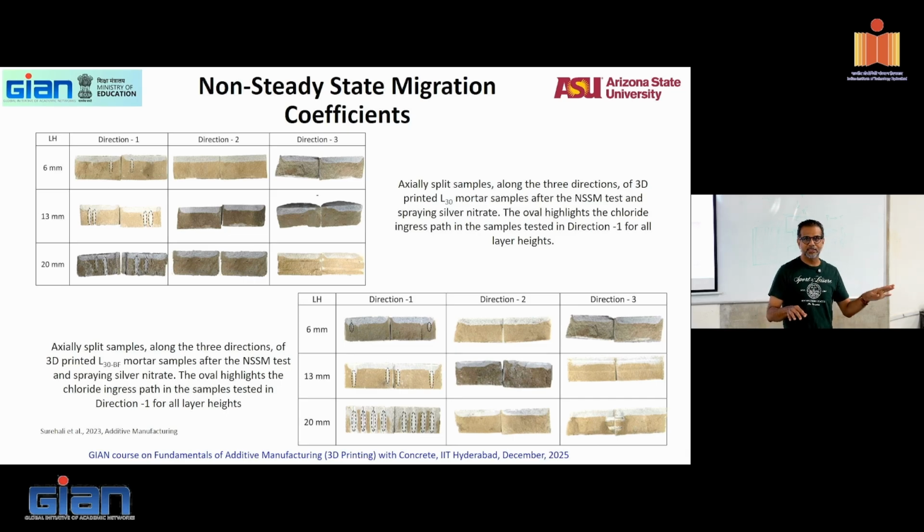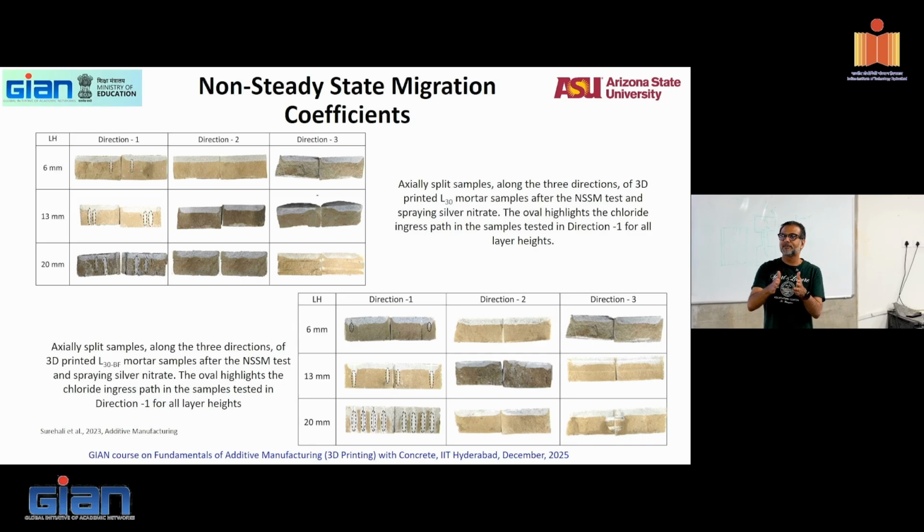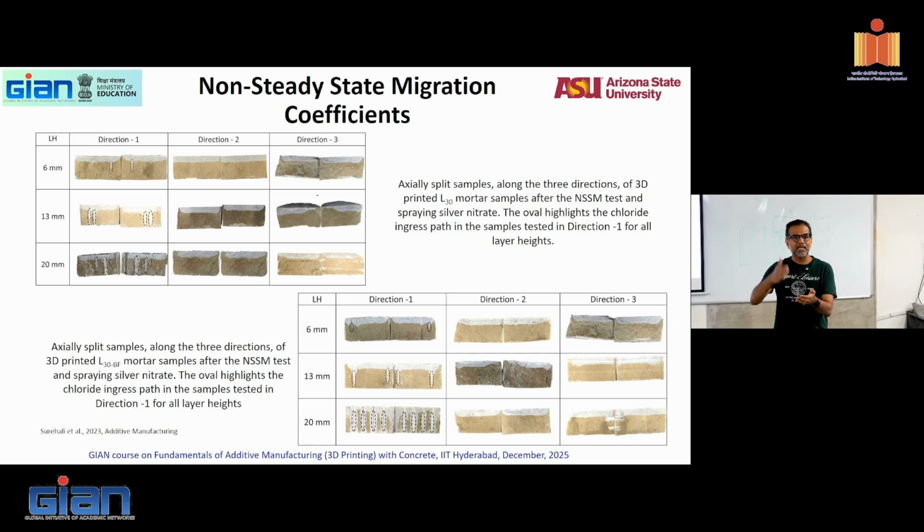Now, why is it non-steady state and why is there a steady state? If we get into it, then we won't end it today. So this is a non-steady state, which means you're never achieving steady states with respect to distribution of ionic concentrations within the specimen. Okay. So you have this test where you push chloride ions through the specimen. After 24 hours, you axially split the specimen, spray silver nitrate on the specimen.